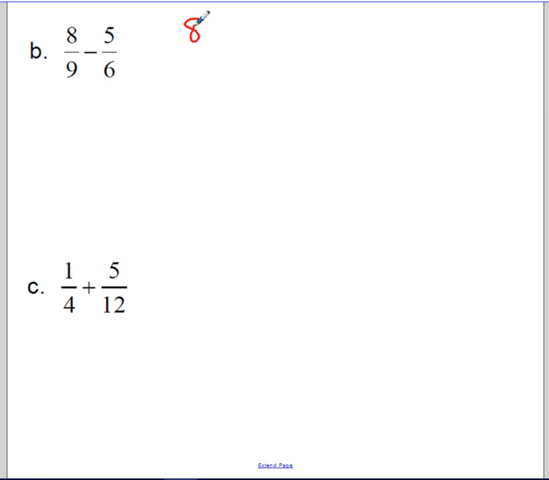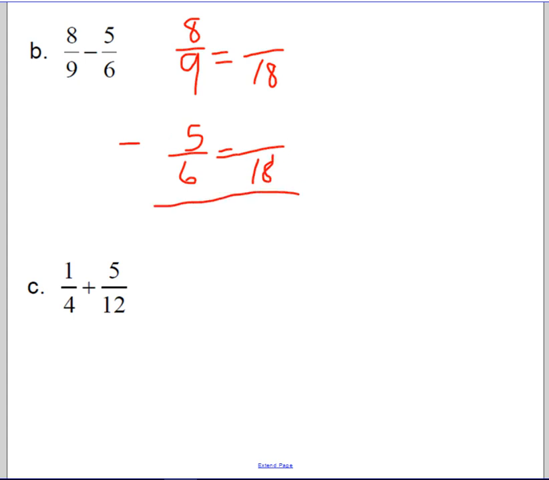So we have 8/9. We're going to turn it into 18ths. And then we're subtracting from it 5/6, which we also need to turn into 18ths. So let's find our numerators. To get from 9 to 18, we doubled it, so times 2.